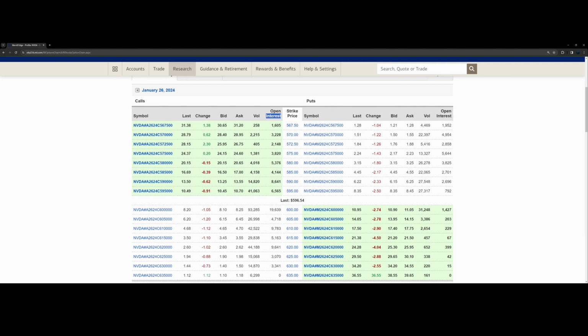In my case, today's information is displayed since market is closed now. Open interest, finally, is the number of contracts that are currently open and in existence for the option. This figure is updated daily and differs from volume.